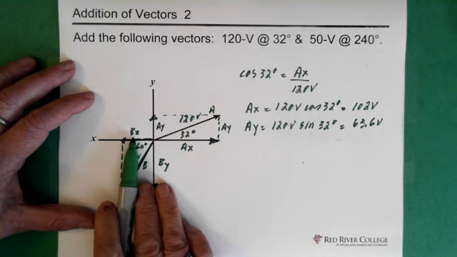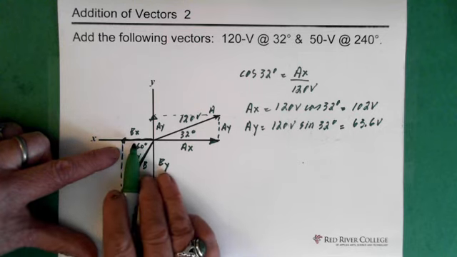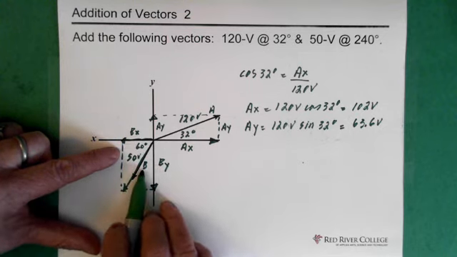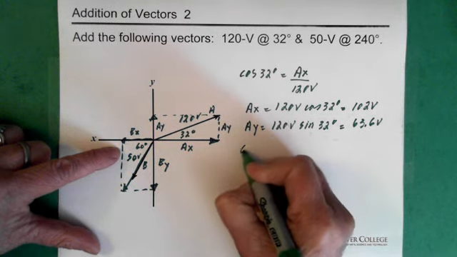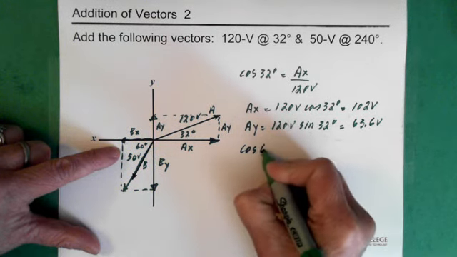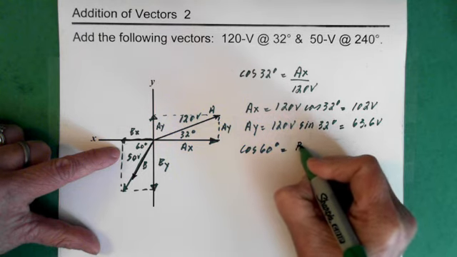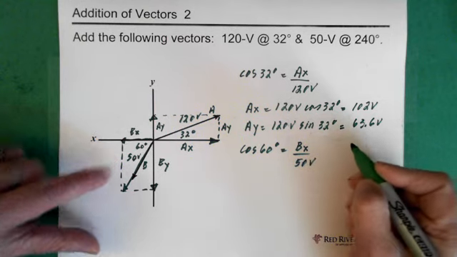If we want to solve for BX, we can see that it's adjacent to our reference angle of 60 degrees. So we can use cosine again. So BX over B is the cos of 60 degrees. Let's write that out then. The cos of 60 degrees equals BX over the 50 volts.